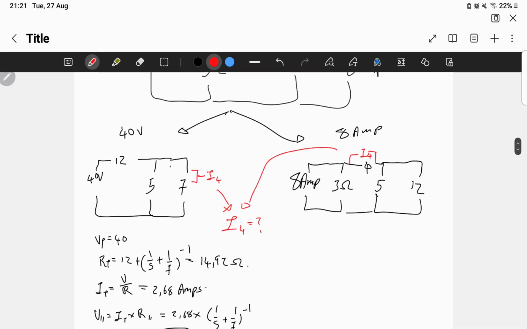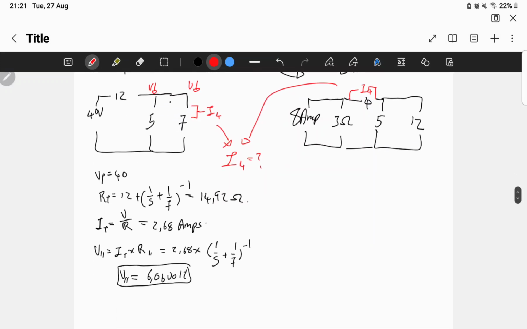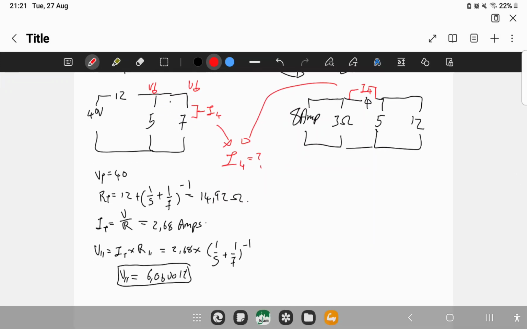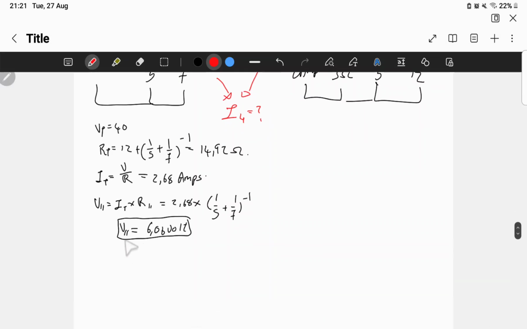So that is the voltage going through here and also the voltage going through here, because voltage is equal in parallel, right?